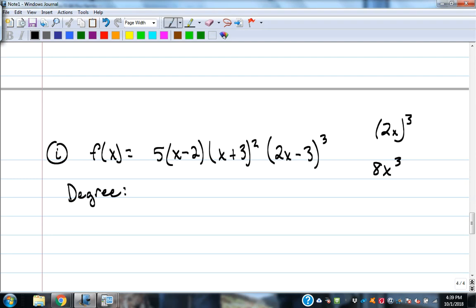So that first term is really the only one you have to work with. And this is x squared, and this is just plain x. If I multiply all three of these together, what's x times x squared times 8x to the third? 8x to the sixth. So this one has a degree of 6.